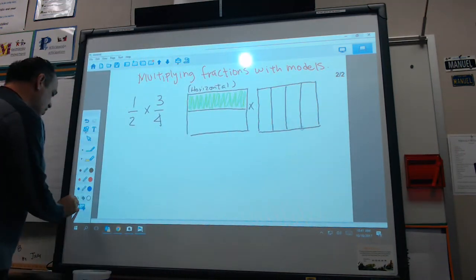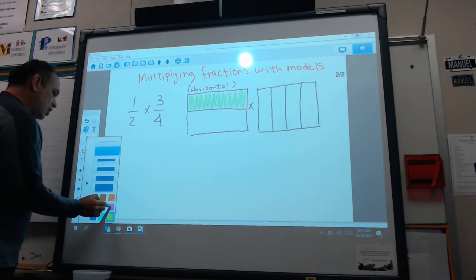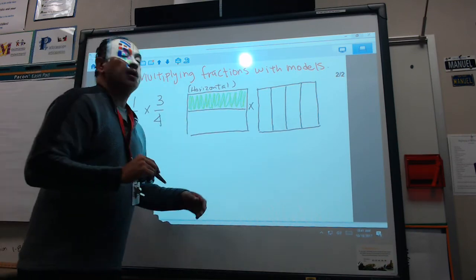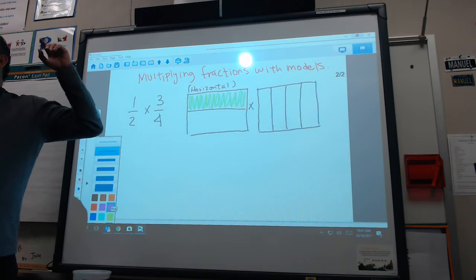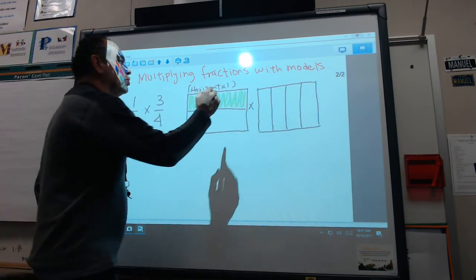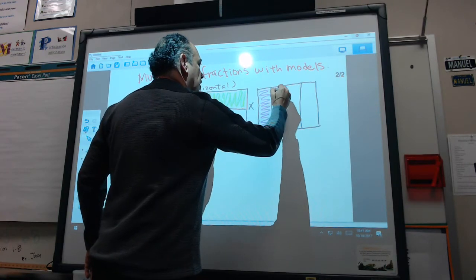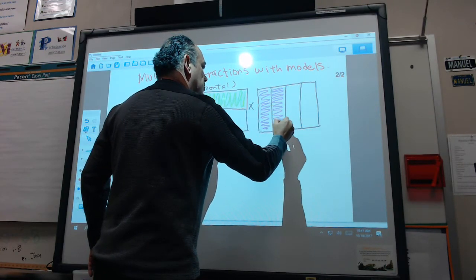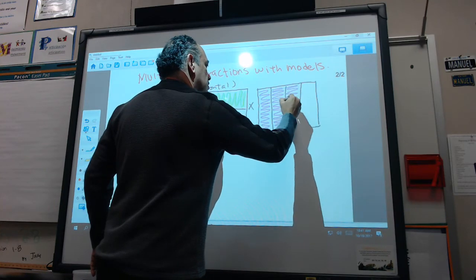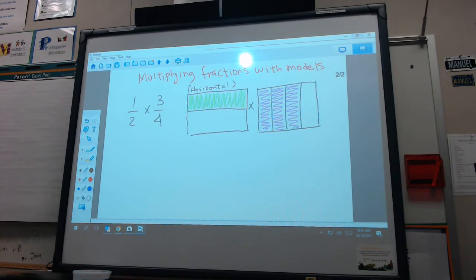And I'm going to use a different color. So I am going to draw 3/4. I am not filling this out like if I have crayons because this will take forever. But can you tell that I have 3/4? Yes. Right?